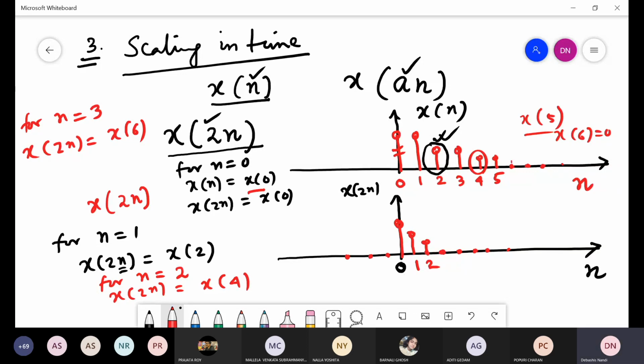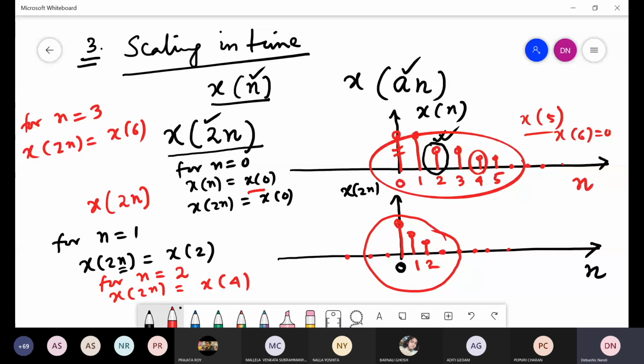The original signal x[n] was this, and if you perform this scaling operation, you get a signal like this. This is the effect of scaling. That means you are reducing the number of samples, or compressing the signal in time. So this is scaling in time.